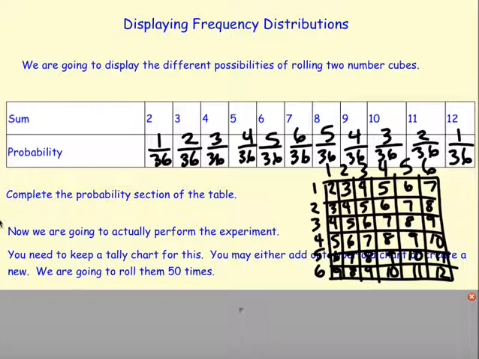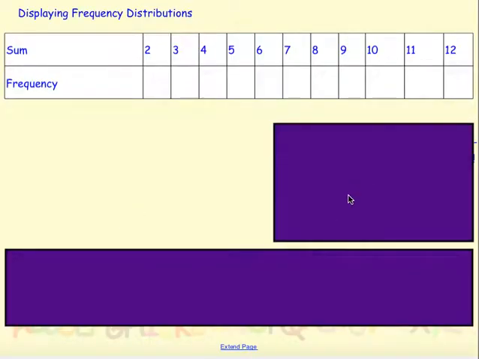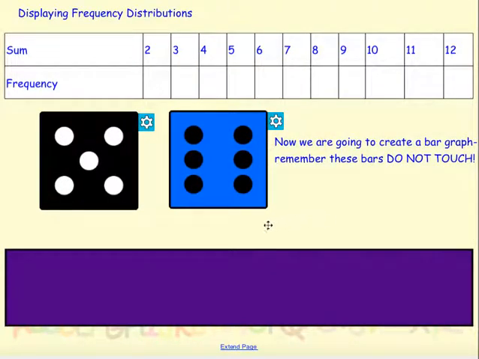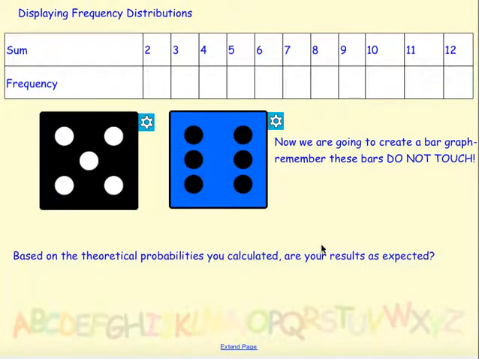Maybe something was really different with your number cubes, but after 50 times, it should get pretty close to this pattern. I'll show you a bar graph of what we're talking about in a different example. And think about if you were to do this experiment, how would your experimental probability match your theoretical?